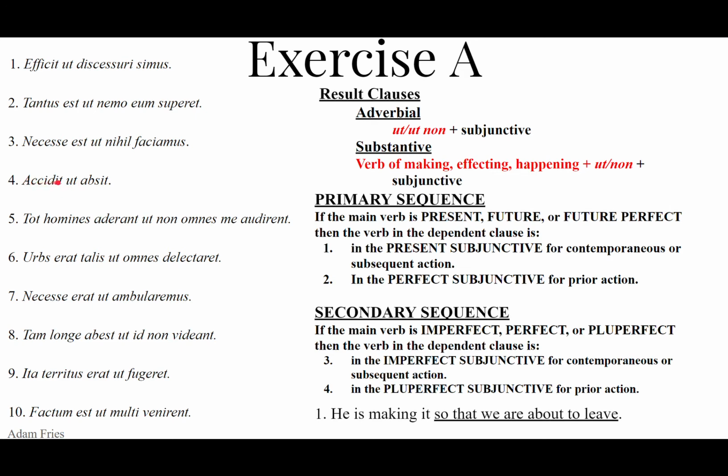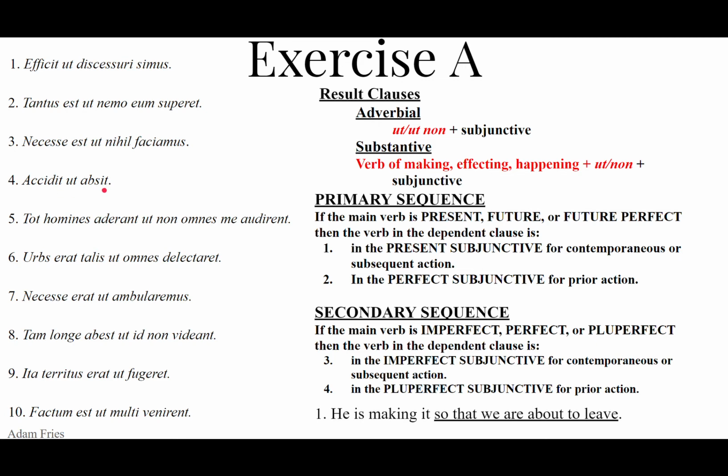It's introduced by accidit, which means something that happens. An accident is something that happens. It's ad cado, it just sort of fell right into place. Accidit ut absit. Accidit, it happens or it happened. You can't tell by accidit by itself whether it's present or perfect tense, but check out that verb, absit.